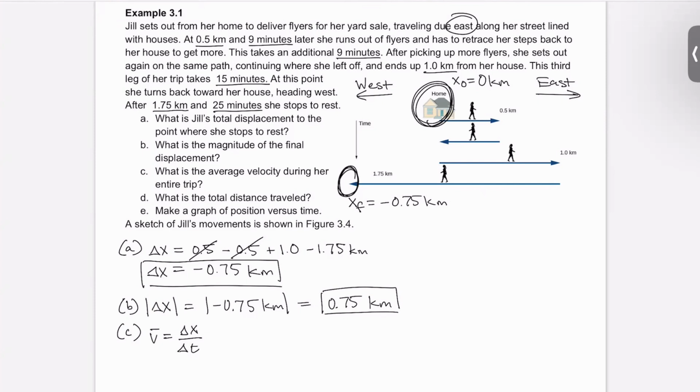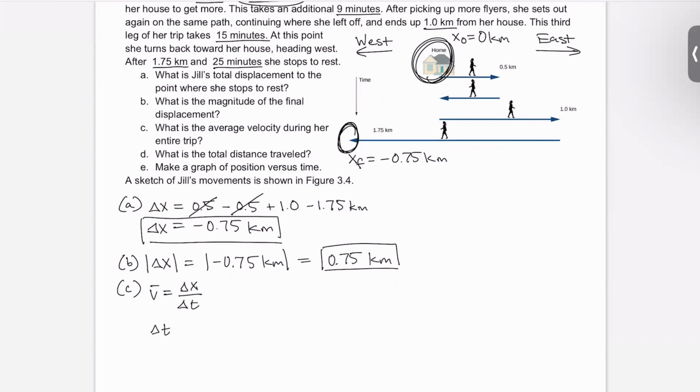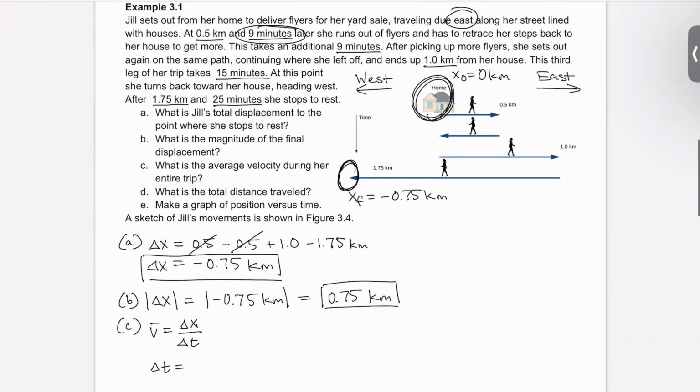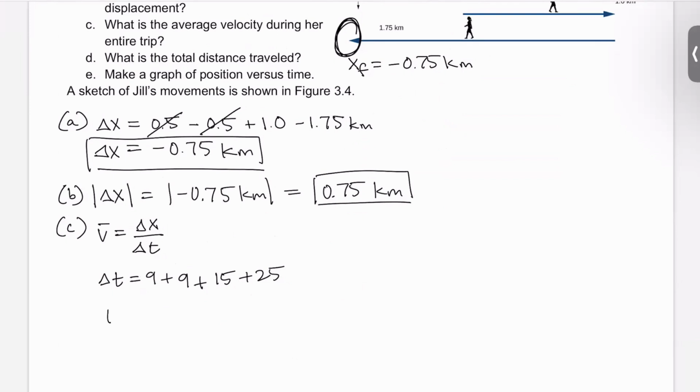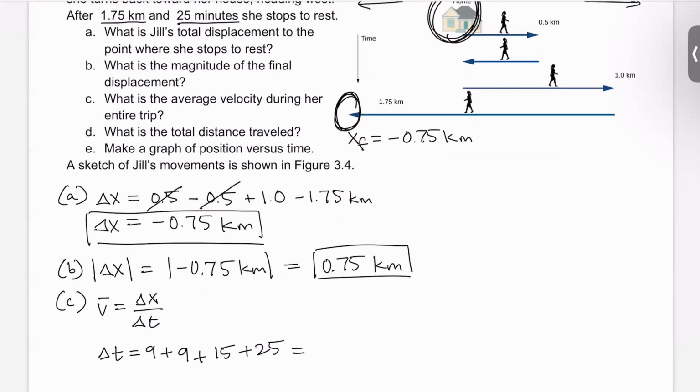So we can add together all of the minutes information we have. I'm just going to do that down here. Change in time equals 9 plus 9 plus 15 plus 25. The reason I'm not doing t final minus t naught is because when she started her journey, time was 0. So we add those together. That's 18 plus 40, so that's 58 minutes total.